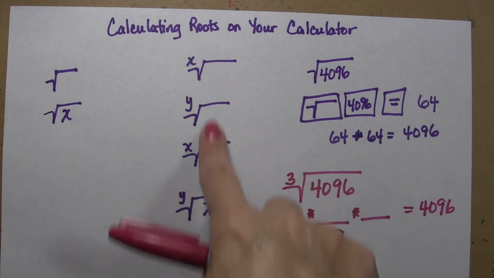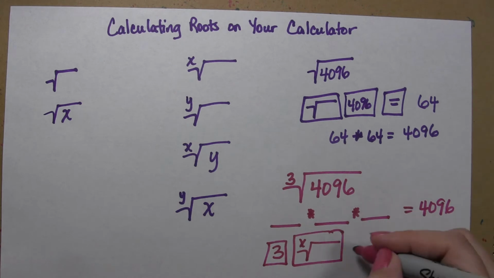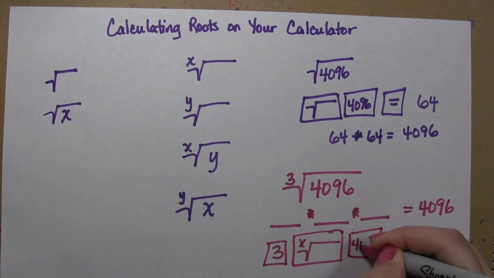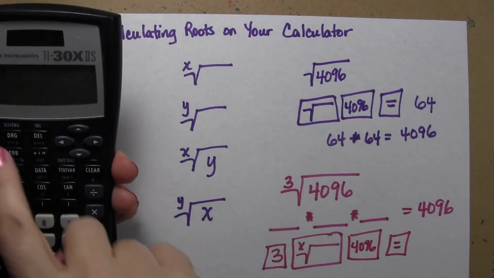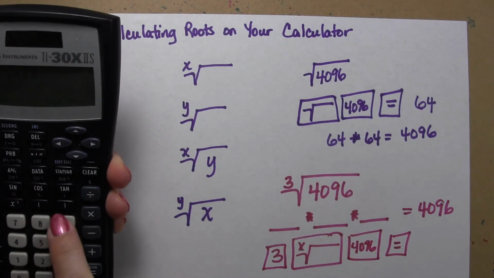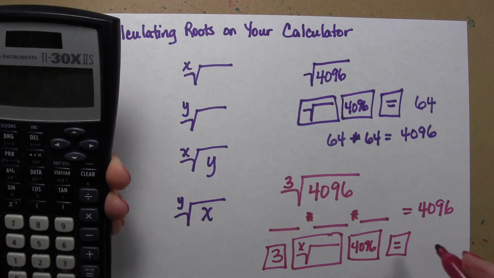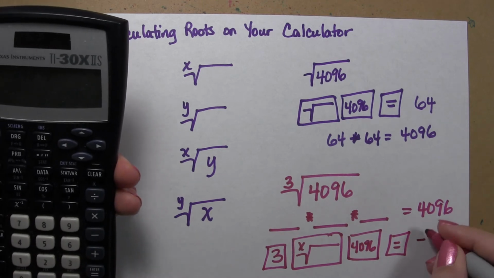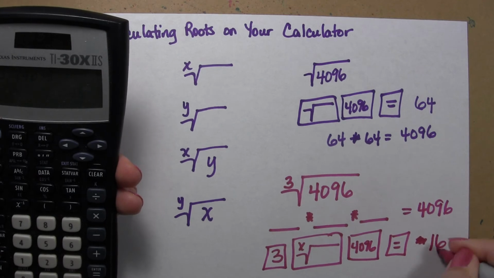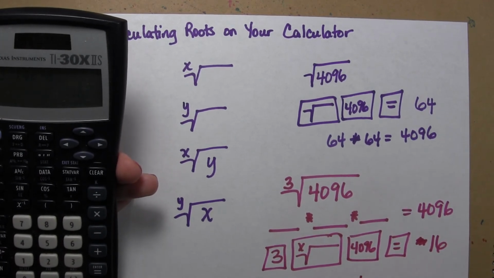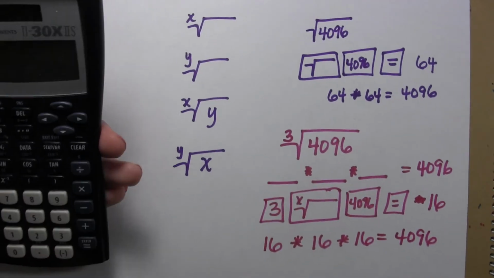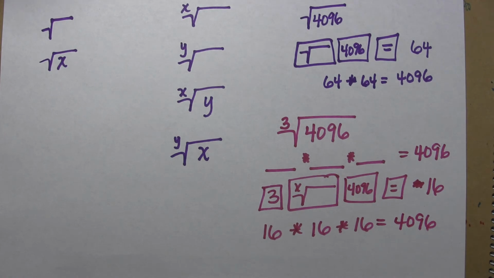One of these should be on your calculator. You do that. And then you put in the 4096, and then you hit the equal sign, and you see what we get. And I bet we're going to get something weird. But let's just do it. Oh my goodness, we did not get anything weird. We got a 16. And that means that 16 times 16 times 16 equals 4096. That's amazing, actually.